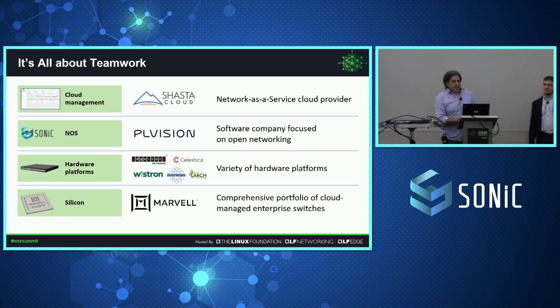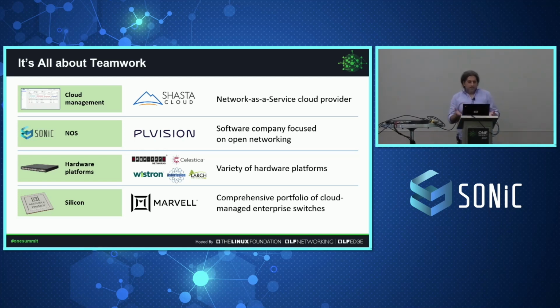I said that in TIP, the most important thing is community, and it's really all about teamwork. Because in order to get to that solution, we need collaboration from different companies doing different things.